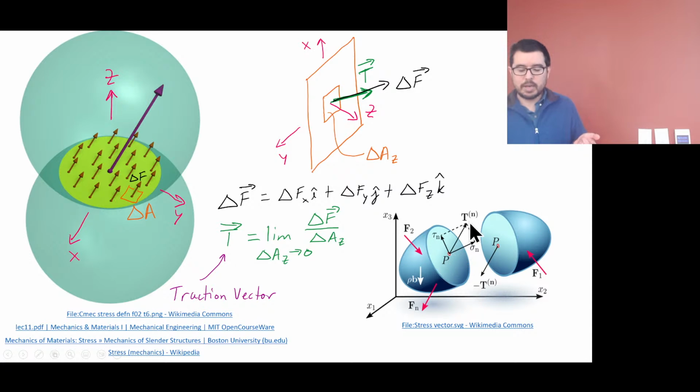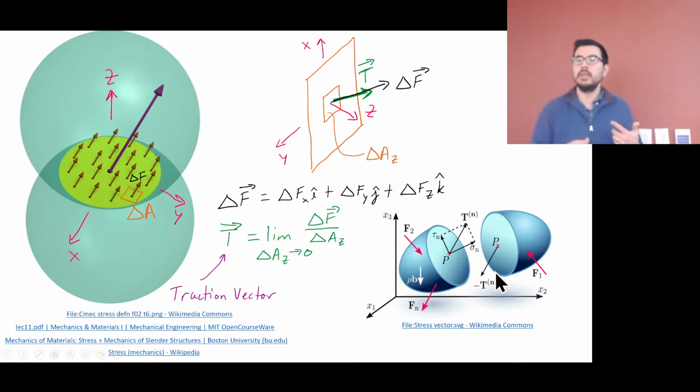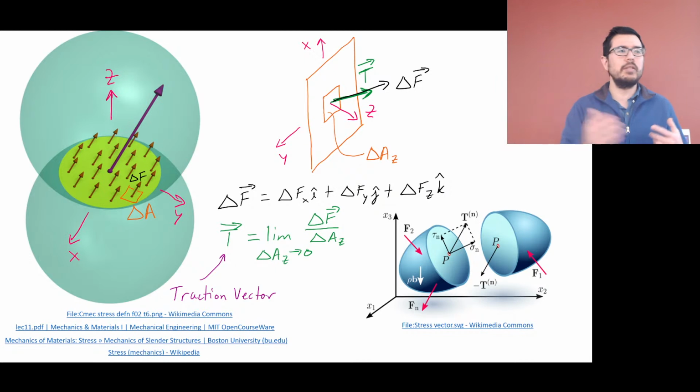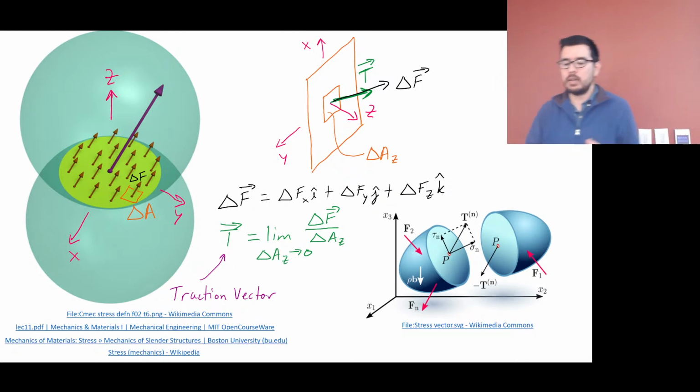If this traction vector is coming out of P on this side, it's going to be coming out of P on the other surface as well, and they're going to be in opposite directions. We've gotten familiar with that as we've been doing our internal cuts, exposing the right or exposing the left, that there can be these opposite vectors of force with each other.